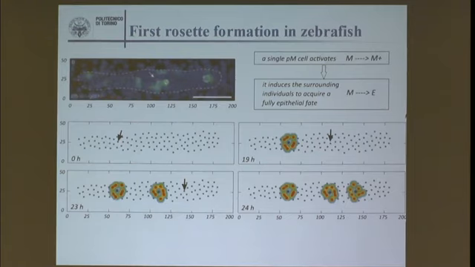At some point, some cells differentiate, and this induces some de-differentiation of the cells that cluster around and become continuous, in some sense. This will occur two or three times, and after that, this zebrafish primordium will just start moving and forming other rosettes.